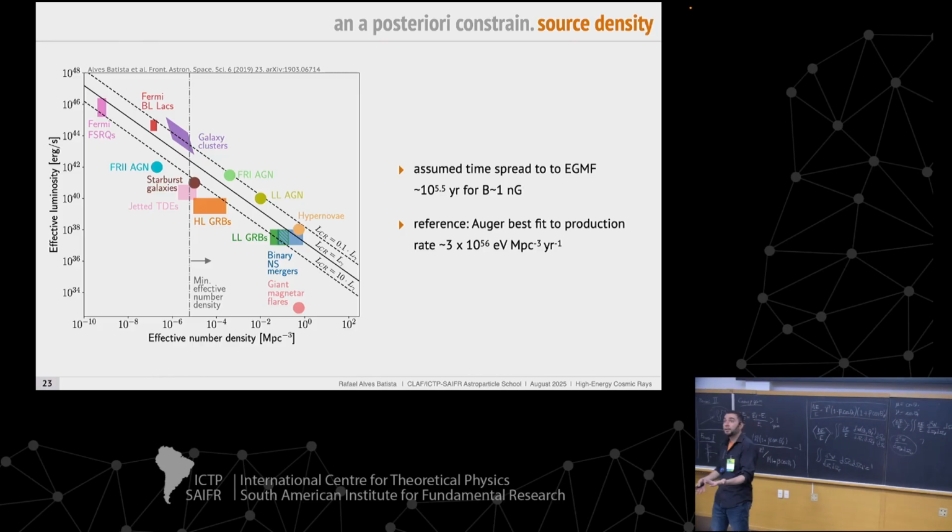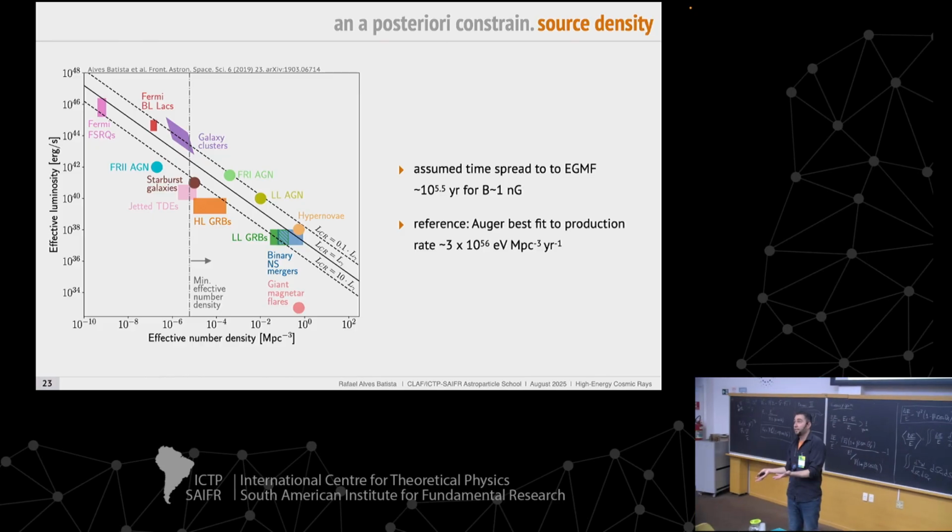Otherwise, it's not a good source candidate, right? But this is an a posteriori condition, because it has nothing to do with the basic things at the source. It has to do more with higher level, observational things.